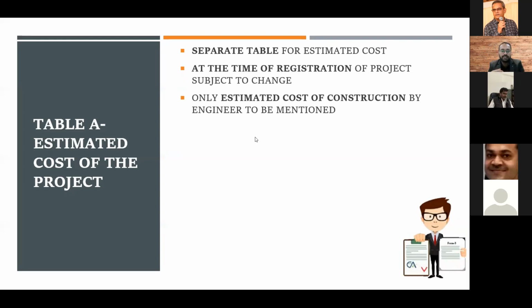अगर सबको मालूम है किसी ने इशू किया है, तो फॉर्म 3 में पहले क्या होता था, estimated cost of engineer और actual cost certified by chartered accountant, ये दोनों के बीच में कंपैरिजन, which somewhere gave a wrong picture, क्योंकि estimated cost ज्यादा ही होगा ना, और actual cost is till the date of that particular certificate. तो हमेशा इंजीनियर ज्यादा और एक्चुअल में कम, तो कंपैरिजन में एक्चुअल कम ही आएगा. बट अब उन्होंने एस्टिमेटेड कॉस्ट अलग कर दिया, तो इस फील्ड में सिर्फ एस्टिमेटेड कॉस्ट ऑफ कंस्ट्रक्शन बाय इंजीनियर वही आएगा, सीए का कोई रिलेशन ही नहीं.